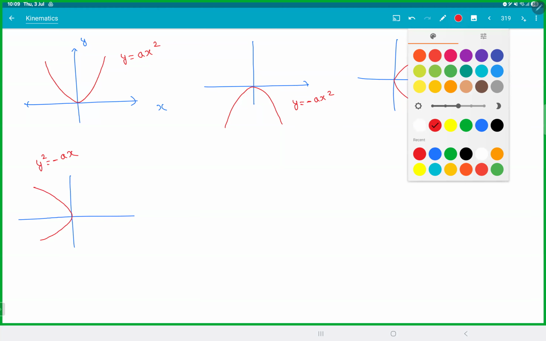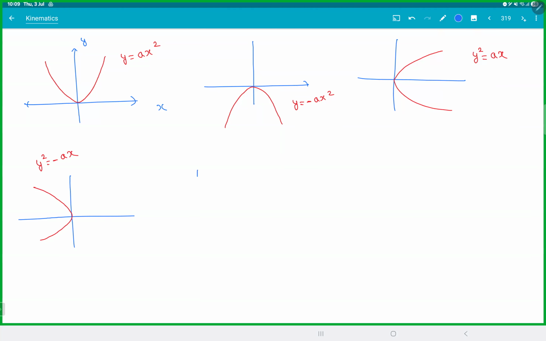Now for this parabola, if I do something, if you say y square is equal to minus ax plus some constant, what are you doing? You are adding a number for every x coordinate. If you put x is equal to 0, or if you put x is equal to plus 1, then you will get something like 0. So the parabola will look like this.